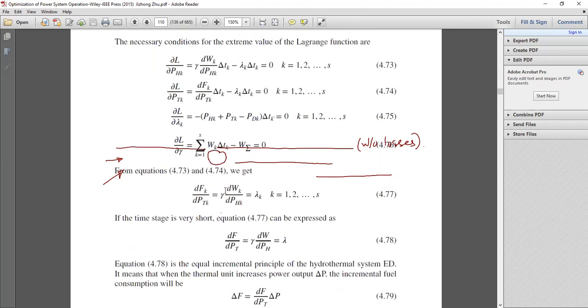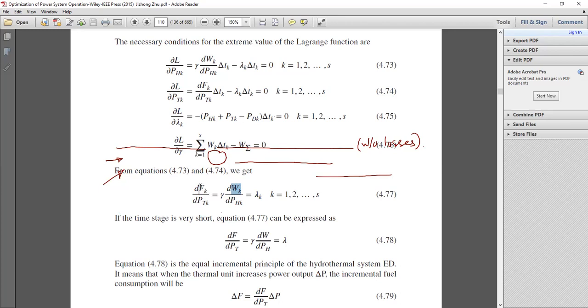So if you have this gamma chosen, arbitrarily chosen, then what else do you need? We need the fk, that is the fuel cost function for the thermal plant. We need to take the first derivative of that. Also, we need the information about the hydro unit input output characteristics.